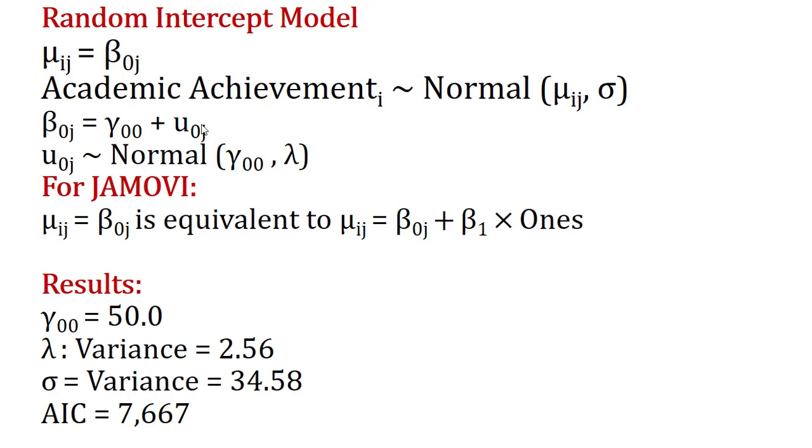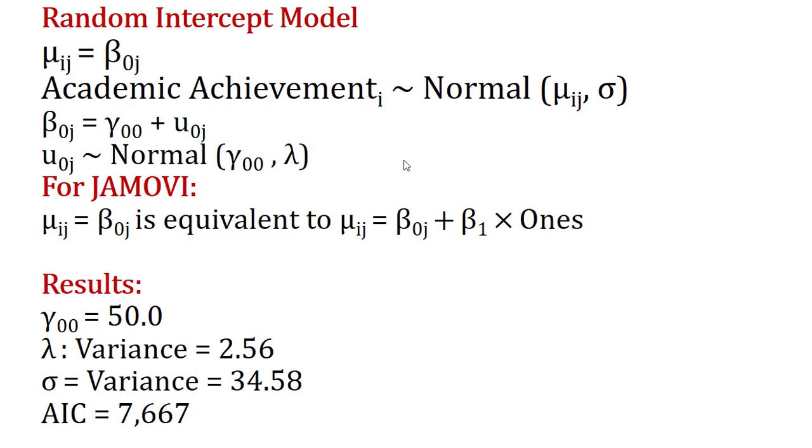I'm not going to be interested in the u0j's because we need 4 of those, and I'm not interested in the beta 0j's because again there are 4. I'm going to be interested in these, the mean and the lambda, which is the standard deviation or the variance, depending on how we want to report, but they are proportional, not equivalent.